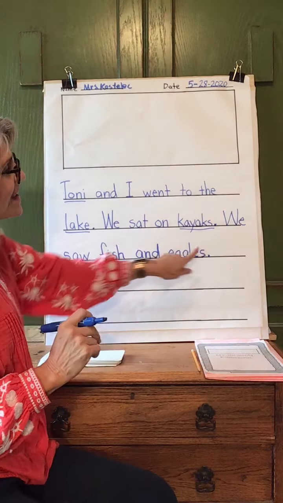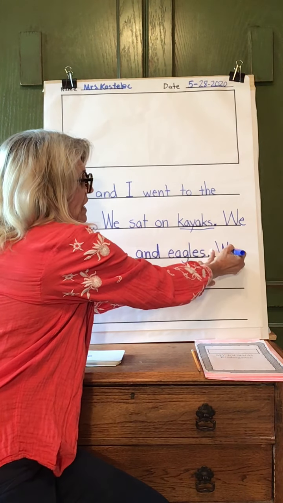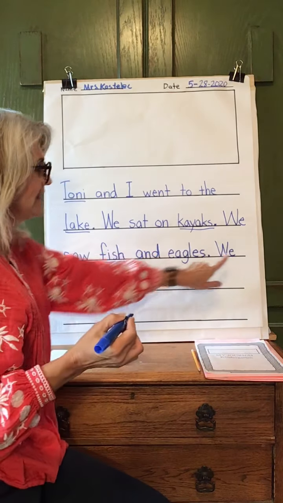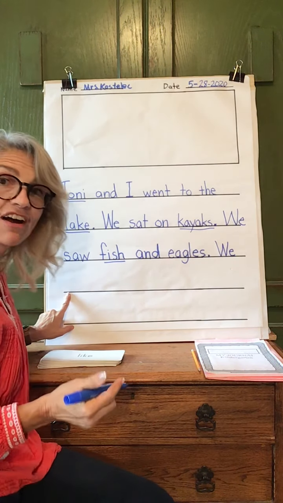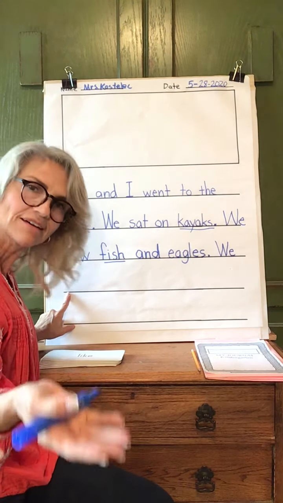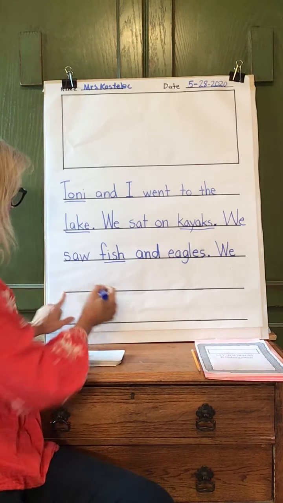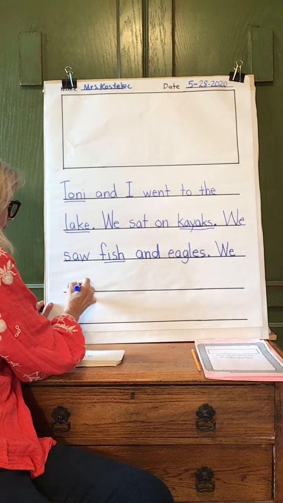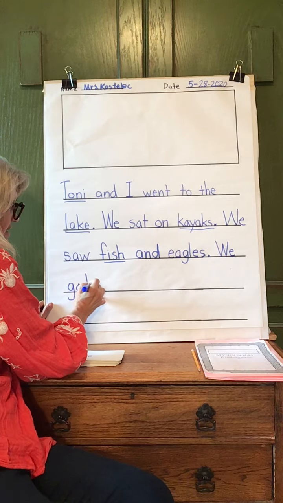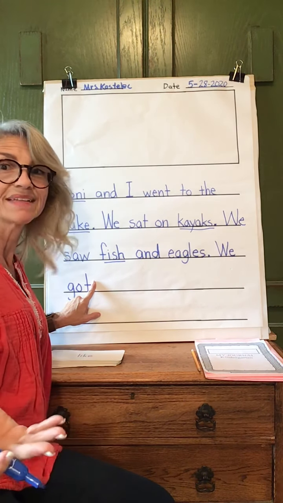So, spaceman, capital W-E, we got. So that one's an easy one to sound out. So you say got, and you sound it out. Got. And then you write it. Got. Spaceman, and then wet.